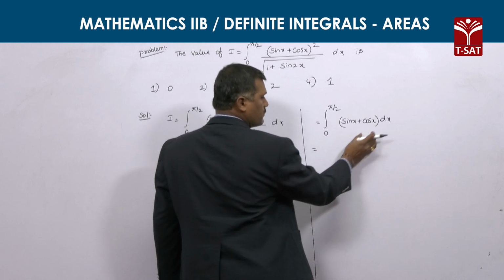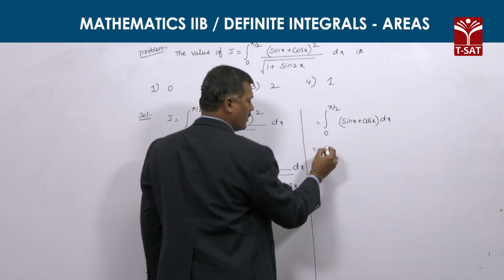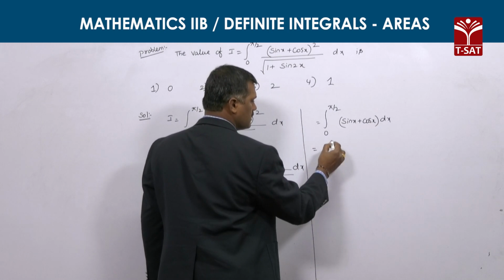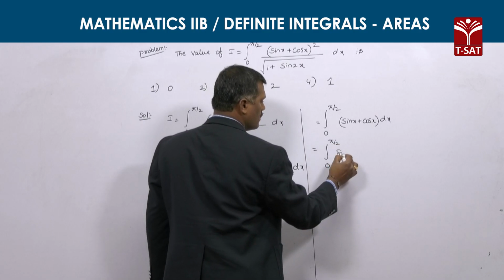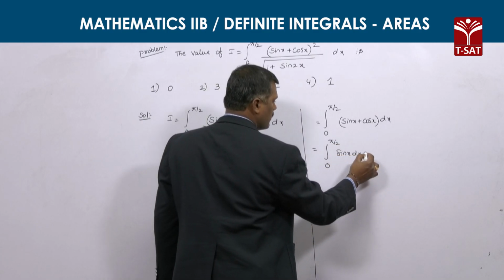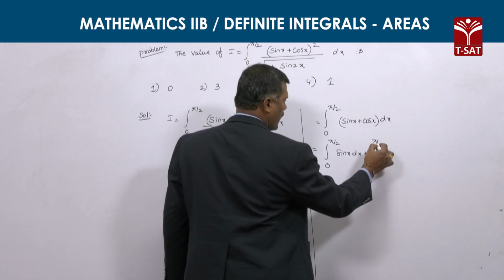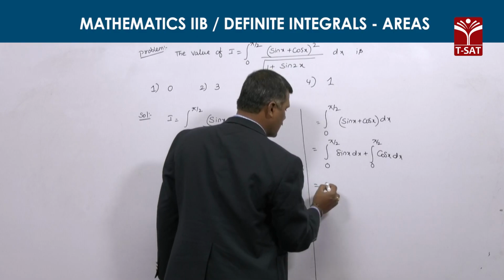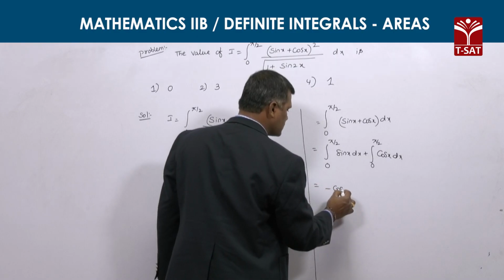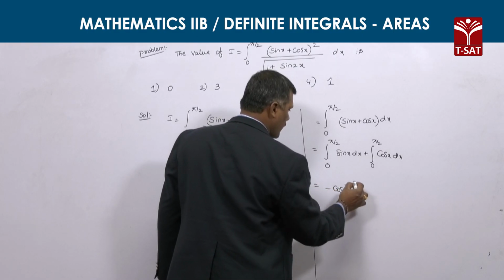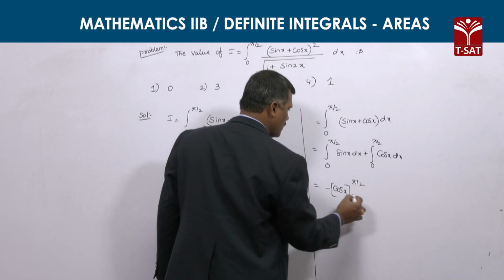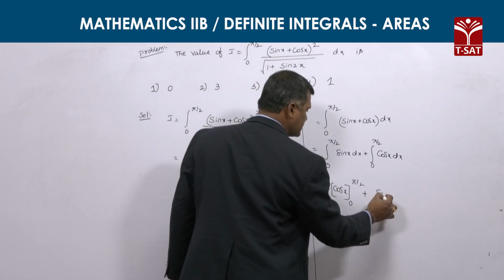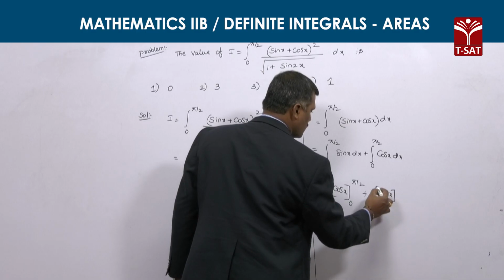f1 of x plus f2 of x, sum of two functions. Now integral of individual functions: integral from 0 to pi by 2 of sin x dx plus integral from 0 to pi by 2 of cos x dx. Integral of sin x is minus cos x from 0 to pi by 2, plus integral of cos x is sin x from 0 to pi by 2.